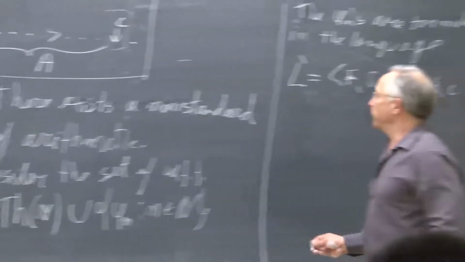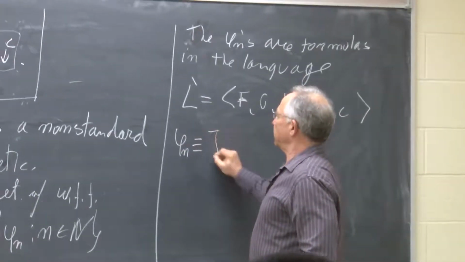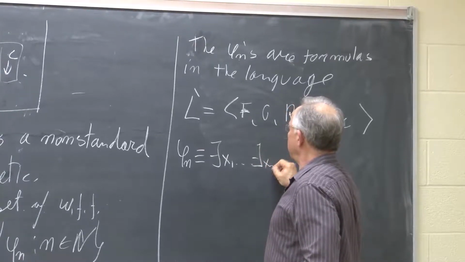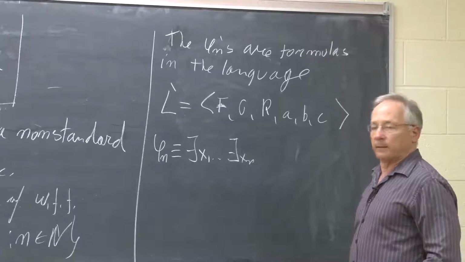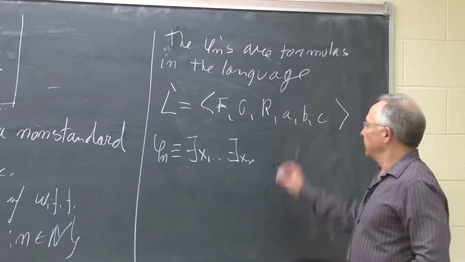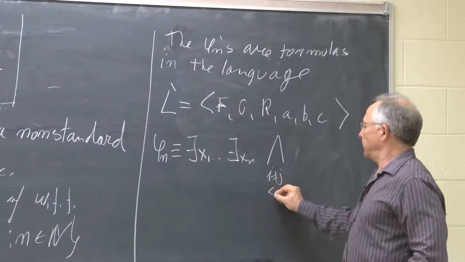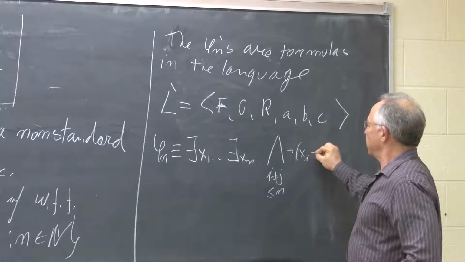And what does phi of n say? Phi of n is the formula that says that there exist x1, ..., xn, such that they are all different. Then we know how to say all different. It just says that for all i not equal j, less or equal n, it's not the case that xi equals xj.